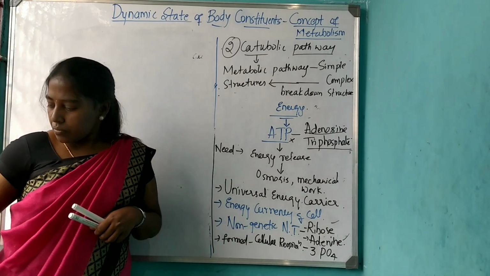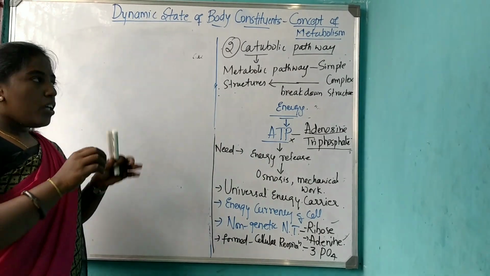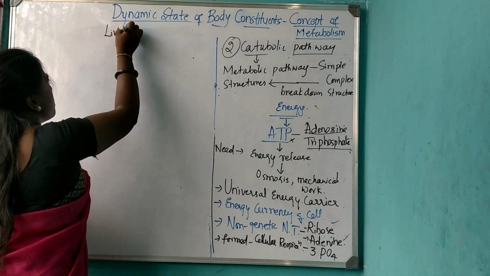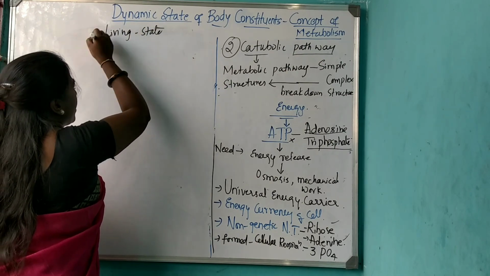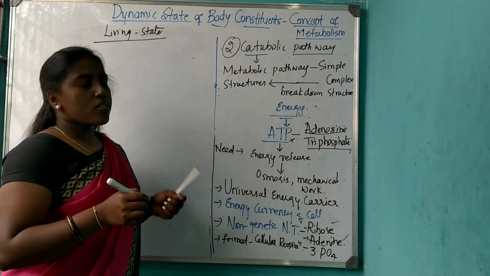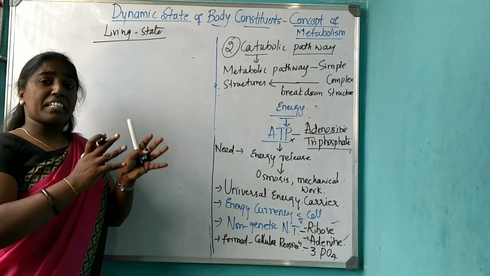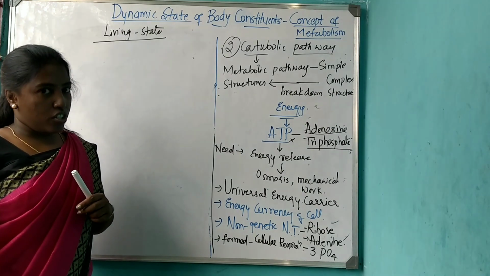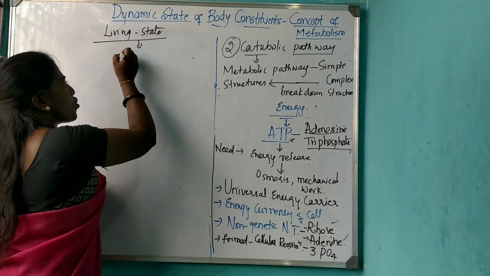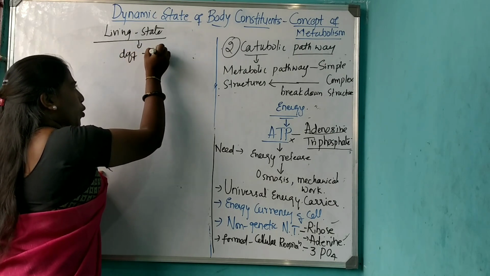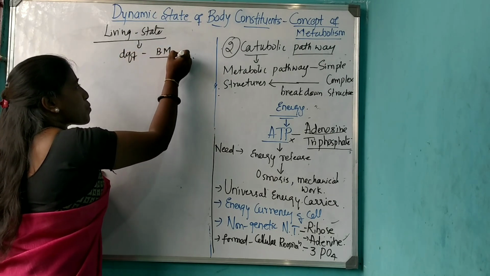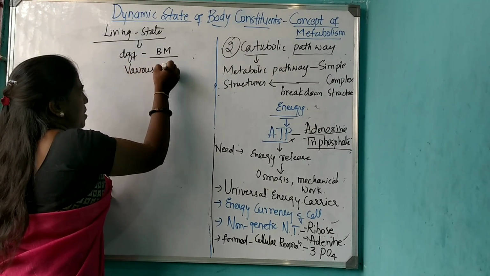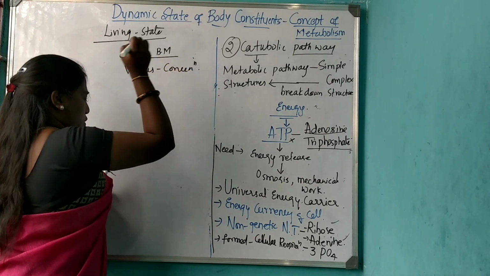In living organisms, tens of thousands of biomolecules are present in various concentrations. Living organisms consist of different types of biomolecules, and these are present in various concentrations.